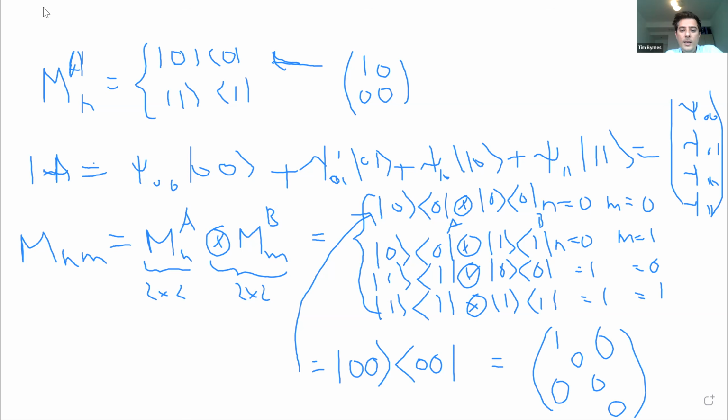Because clearly in this situation, Alice is making a measurement here, and Bob is also making a measurement here. So both Alice and Bob are making measurements, and that's why we ended up with this kind of combined measurement operator, right? But what if Bob doesn't make any measurement? That's a perfectly possible situation, right?